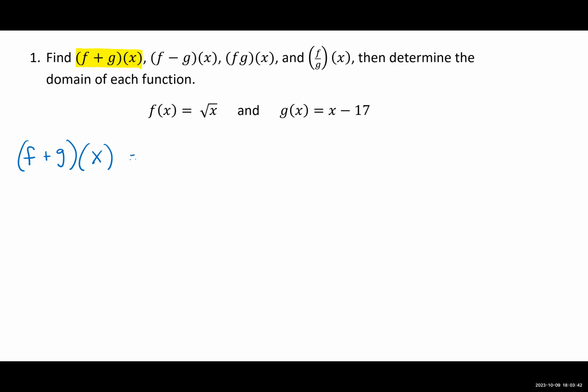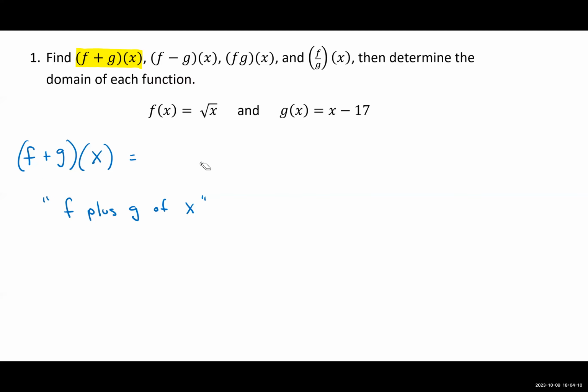So this is read f plus g of x. So it's still a function. We're taking 2 functions and we're combining them into one new function. So this is what we write. This is the formal notation for function addition.